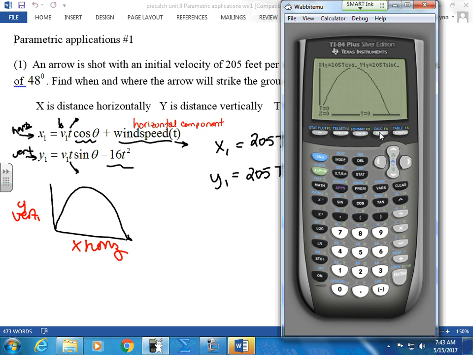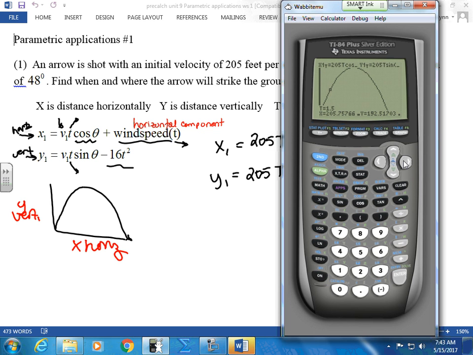So watch your time. Hit arrow to the right. See your arrow going? See your time changing, your X changing, your Y changing? Now, notice how it's changing. It's going by 0.5. Why do you think it's going by 0.5? That's what our T-step is. It's going by 0.5. Okay?